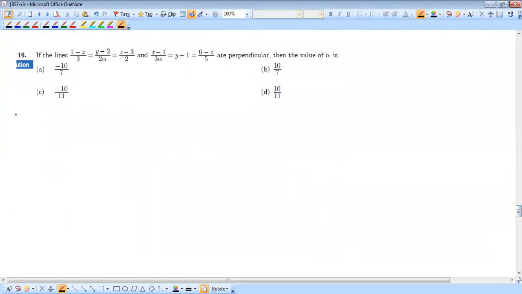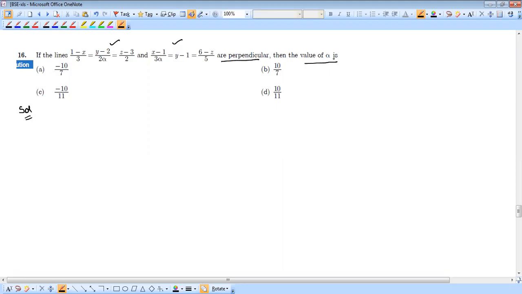And next, another question: if the lines are perpendicular, then what is the value of alpha? See, whenever you see 3D geometry questions on lines, many of them do it blindly, taking the denominators as the direction ratios and doing the calculations.